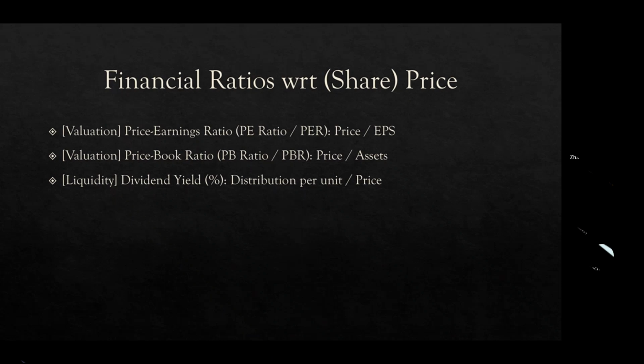Construction, I will use PB also. But for IT, no, I don't really use PB because they are very asset light and more services in nature. So I won't use the PB ratio to assess IT or asset-light companies.